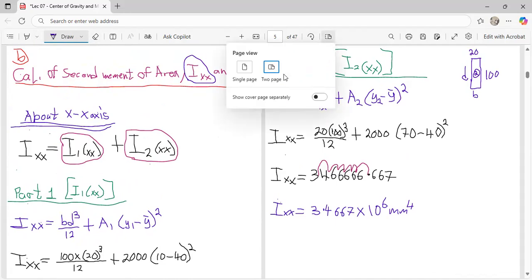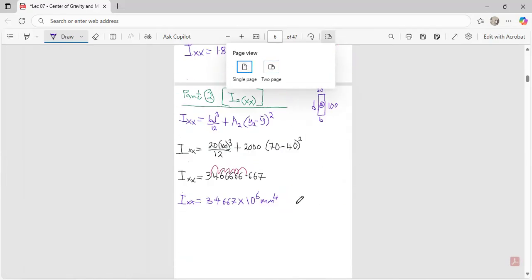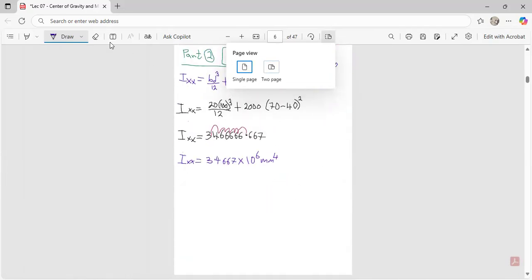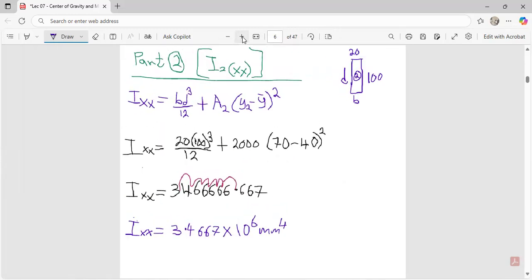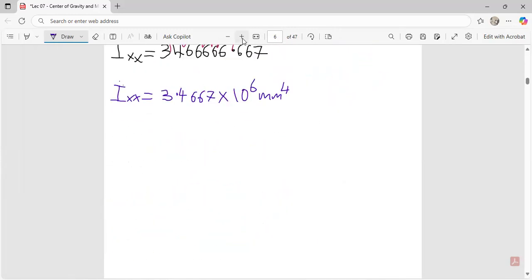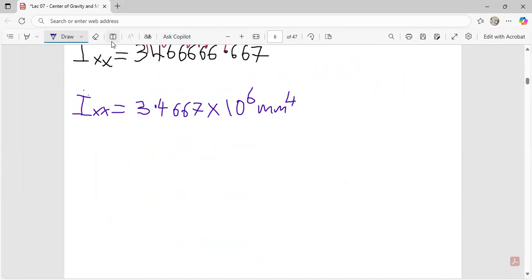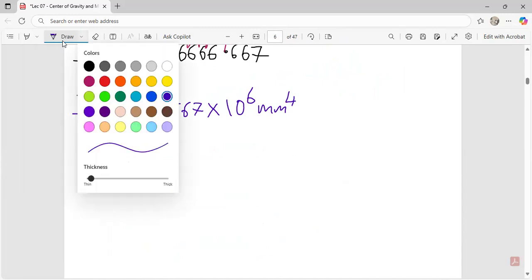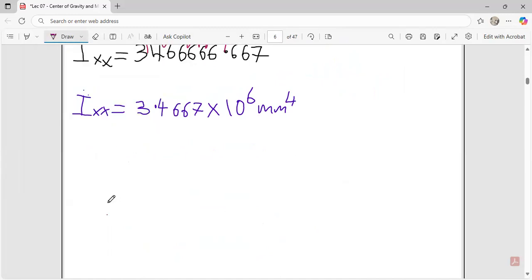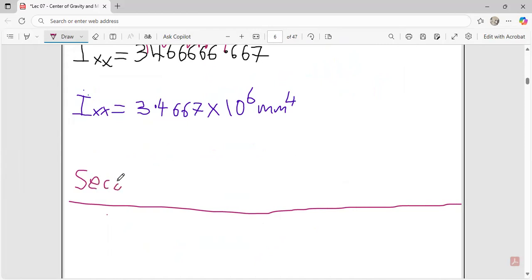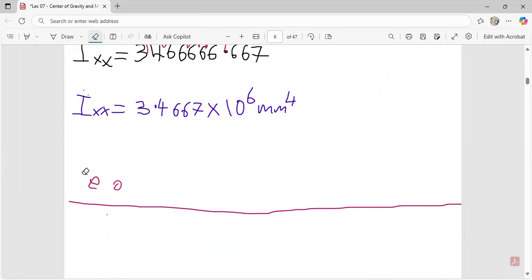So let's quickly take a single page and then let's dive in. So this becomes our y. Let me quickly take a line. Okay, let me just do it simple.